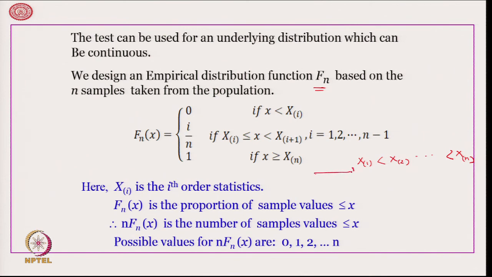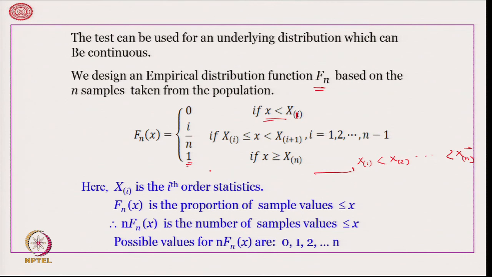Below this point there was no observation, that is, Fn(x) is equal to 0 if x is less than x1, and Fn(x) has to be 1 if x is greater than xn. So, for any x more than this, we know that the entire sample is less than that. Therefore, the cumulative empirical distribution function Fn will take the value 1.